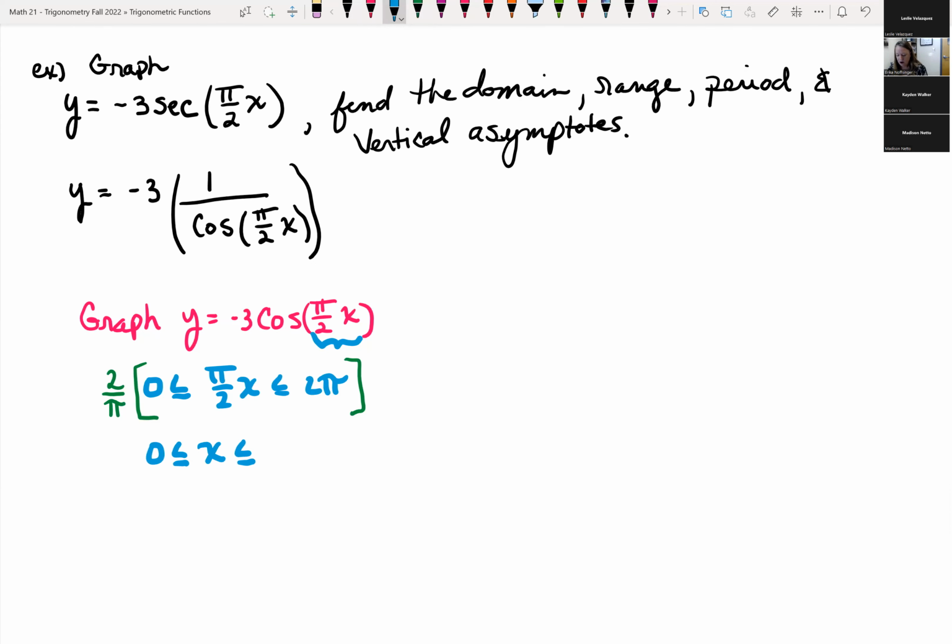So notice here our pi's are going to cancel when we distribute that 2 over pi times 2 pi. The pi's cancel and we're left with 2 times 2, which is 4. So we know that our period has a length of 4. 0 to 4 is 4.